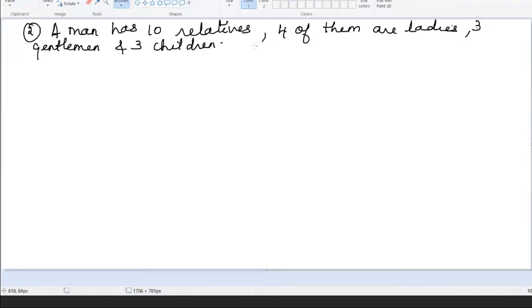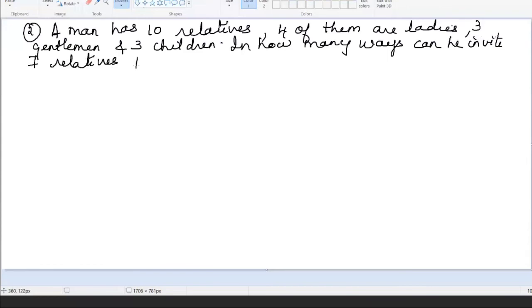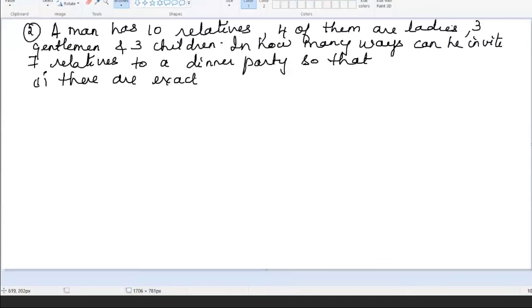In how many ways can he invite 7 relatives to a dinner party so that, first question, there are exactly 2 ladies, 3 gentlemen, and 3 children.